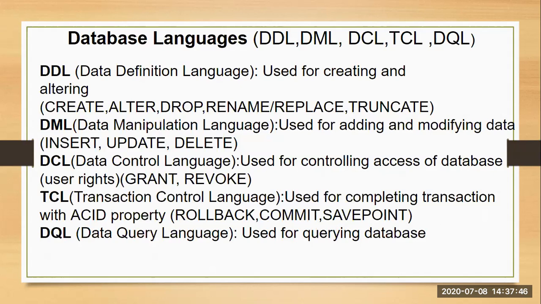Whenever any transaction is completed successfully, it comes under TCL, which works with your ACID properties. A stands for atomicity, C stands for consistency, I stands for isolation, D stands for durability, which we are going to look at in the coming slides.